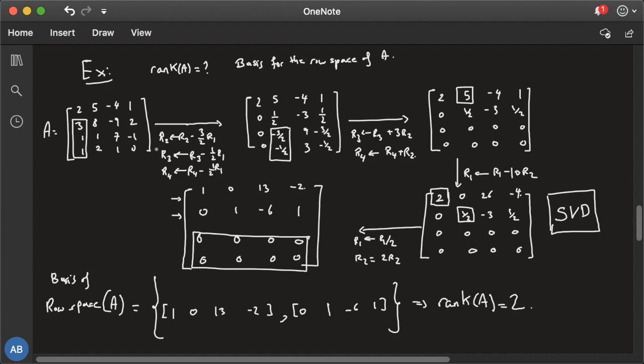So the question is: is there a better way of finding the rank of a matrix? We will see in future lectures that there actually is. Finding the rank of an arbitrary matrix is somewhat complex and relies on the computation of the SVD, and in particular, the singular values of a given matrix.